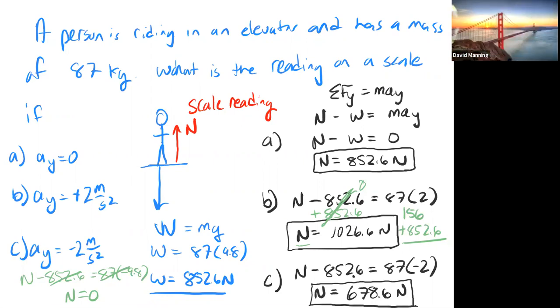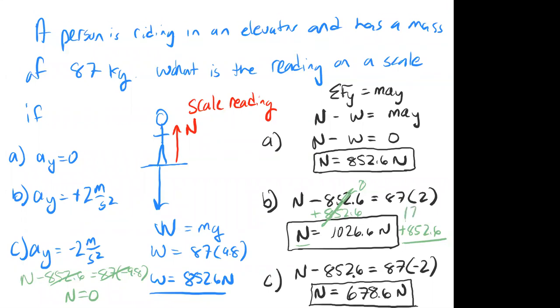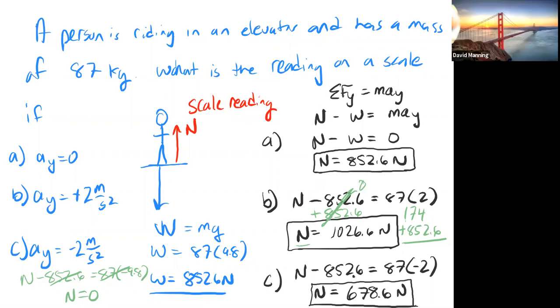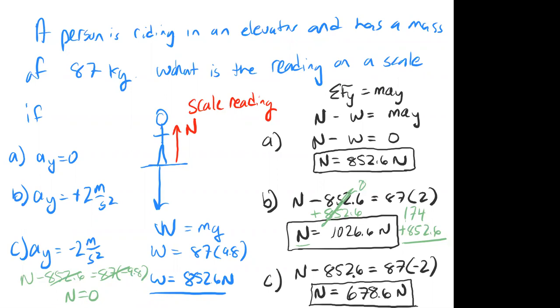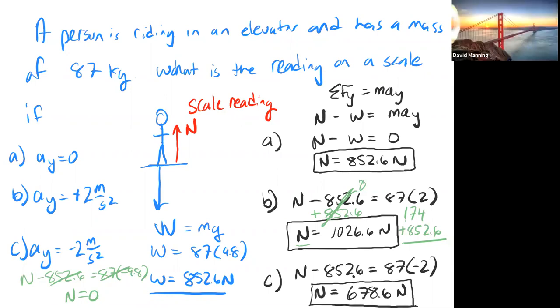That's 174, not 156. Sorry, that's 174. 87 times 2 is 174. Oh, it's 87. I thought you wrote 876. It's the mass.